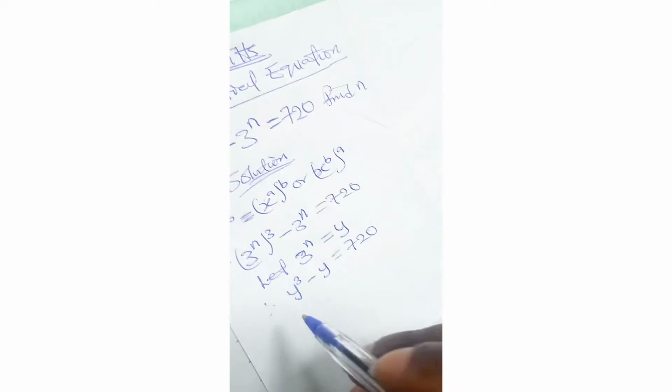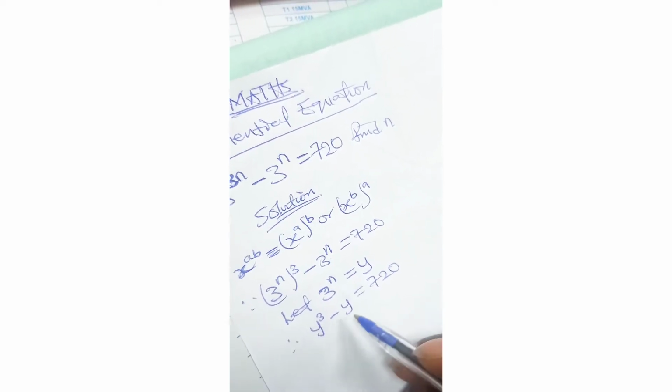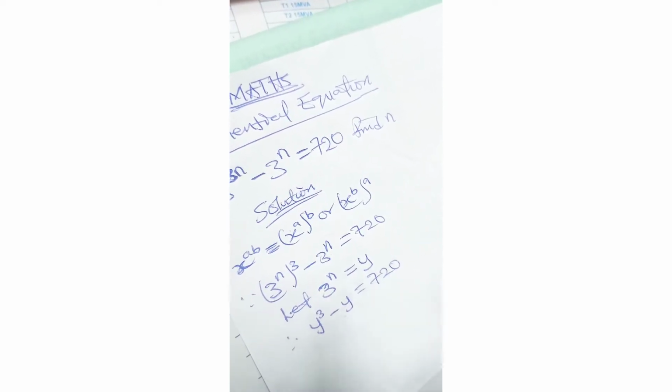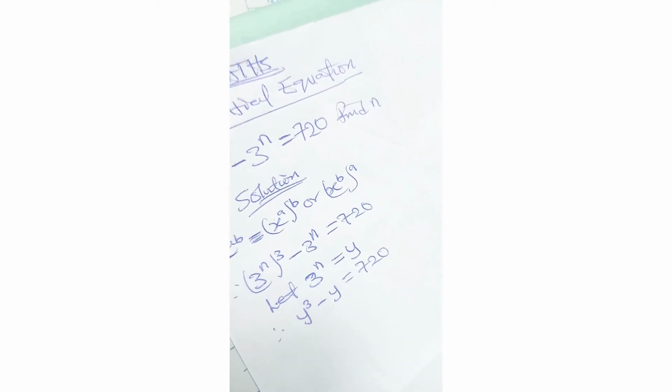Now, this is a polynomial equation because of the power 3 that we have here. In trying to find the value of y, we are going to apply the long division rule.